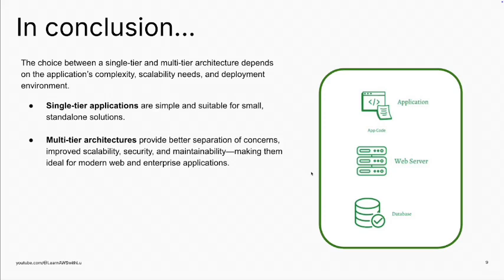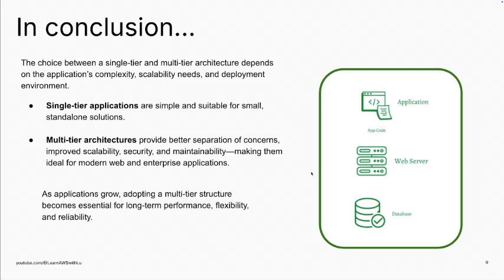You can make modern web and enterprise applications. You can decide to change the interface of the entire application without impacting any of the logic that had been made on the application, so it makes it easy to make certain types of modification. As applications grow, adopting a multi-tier structure becomes essential for long-term performance, flexibility and reliability.